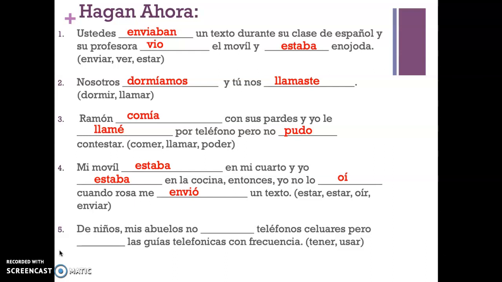All right, and the last one here: De niños, mis abuelos no tener teléfonos celulares, pero usar las guías telefónicas con frecuencia. As children, my grandparents did not have cell phones, but used phone books with frequency. Try that one.